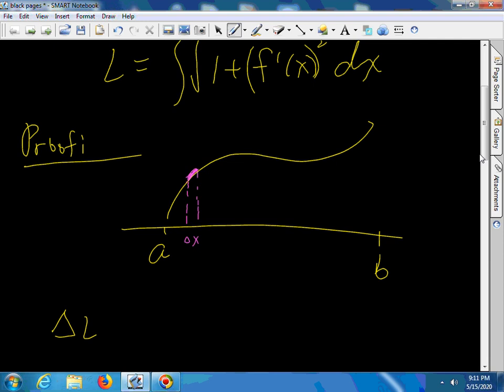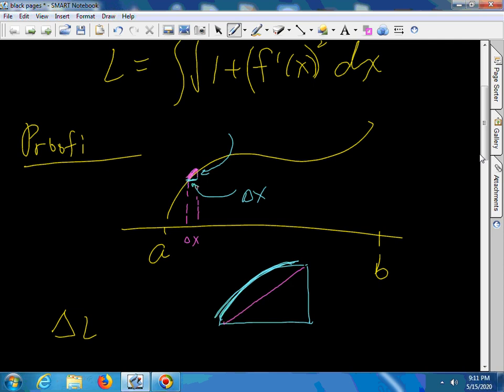I already said that this piece right here is delta x. Over here, I made a right triangle. Well, it's not really a right triangle because it's a curve. That's the curve, and I'm going to approximate this length by this line.